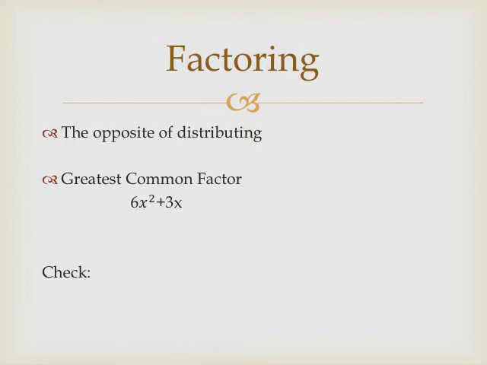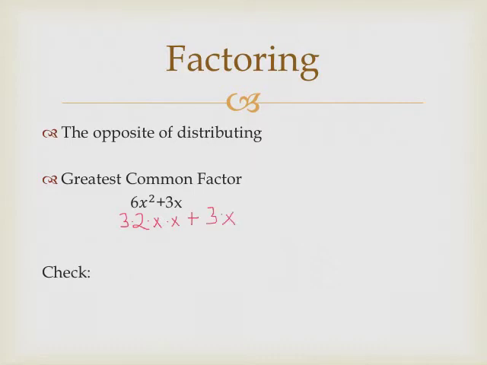And so what I mean by that is, for this example, let's look at all of the factors of 6x squared. So 6 is 3 times 2. And then x squared is x times x. Okay, so that's really however much I could break down 6x squared. That's pretty much all I can do. 3x is much simpler because there is nothing else going on. It's just 3 and x.